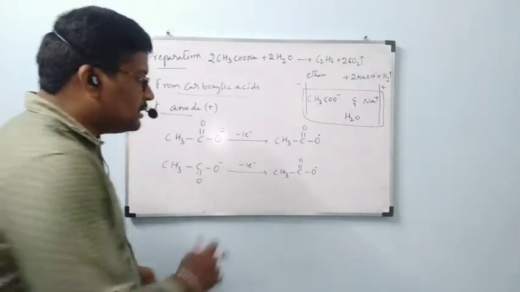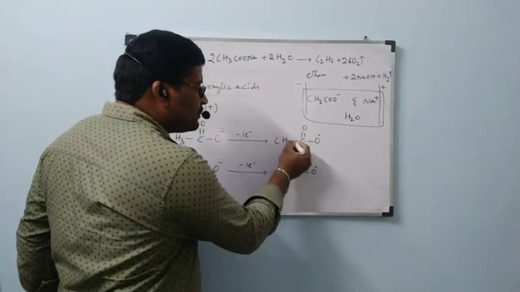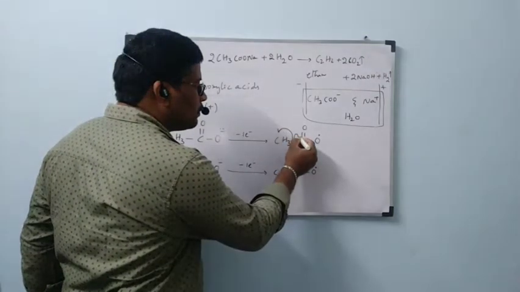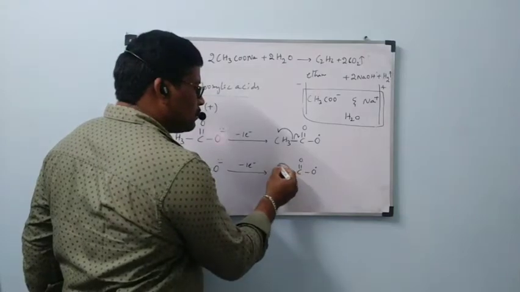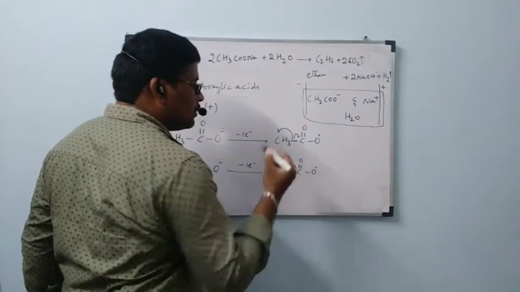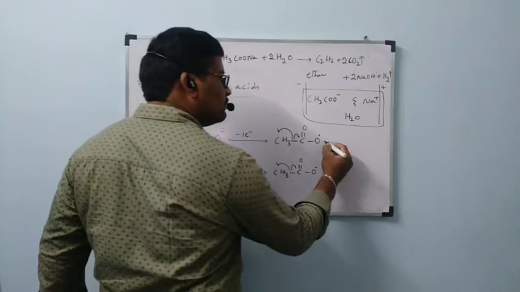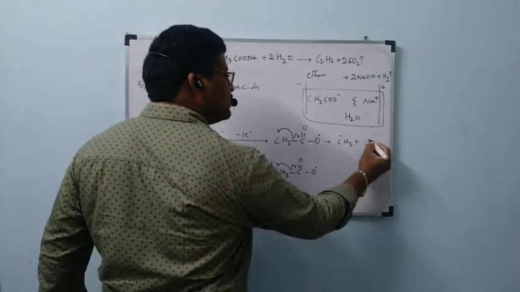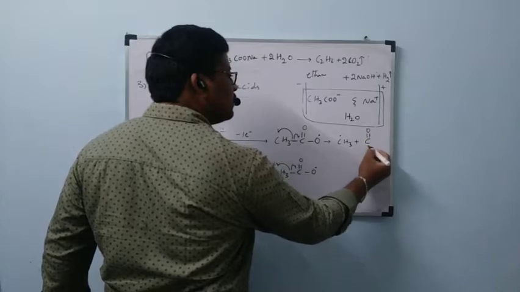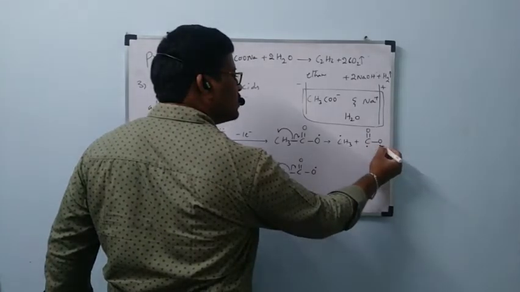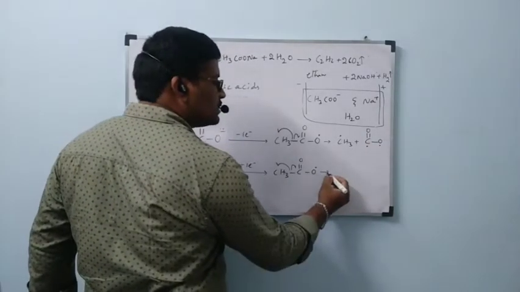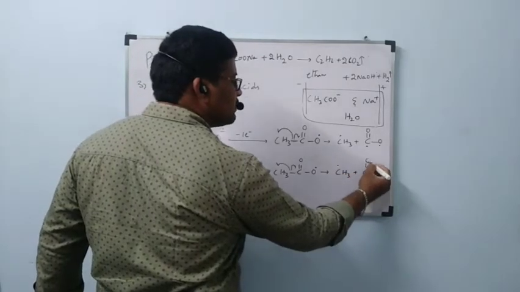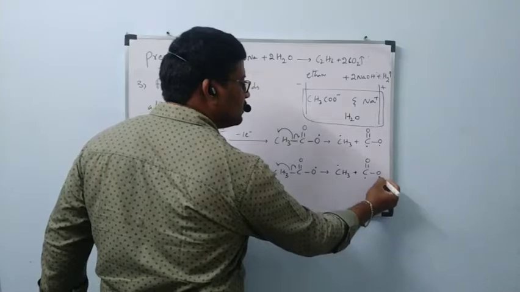Now these free radicals will undergo homolytic fission to form CH3 free radical plus C double bond O free radical, oxygen free radical. This one also will form CH3 free radical plus C double bond O free radical.